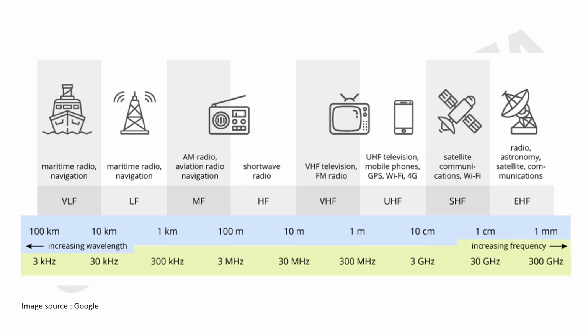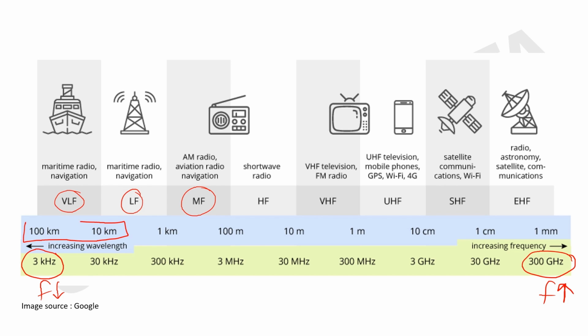This is the radio spectrum. As we can see over here, it starts at 3 kHz, that is the lower frequency, and it ends at 300 GHz, the higher frequency for the radio spectrum. Now this whole spectrum is made up of various frequency bands, and each and every band will have a lower and upper limit of frequencies.